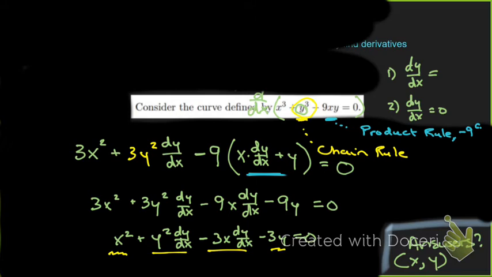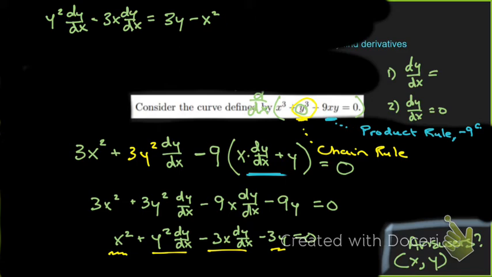So what we'll get is y squared dy dx, subtract 3x dy dx, all equals, that 3y is going to become positive and the x squared is going to become negative.